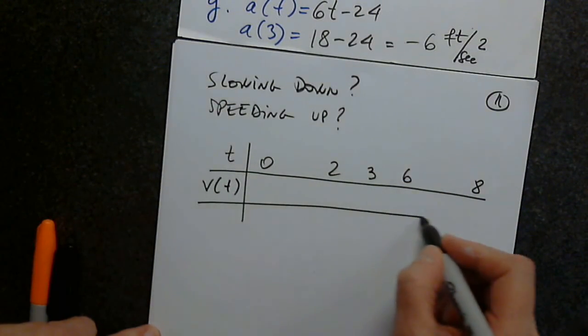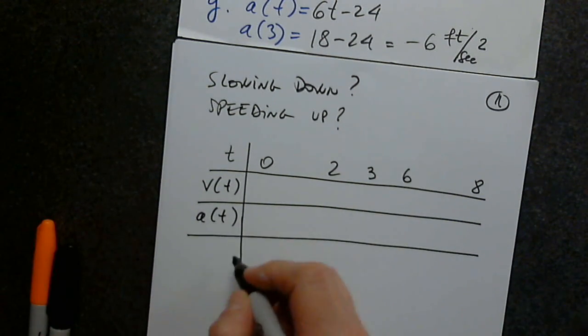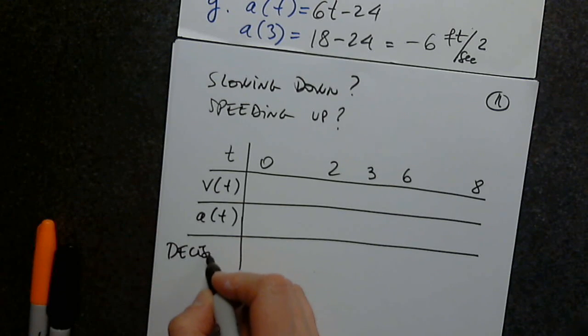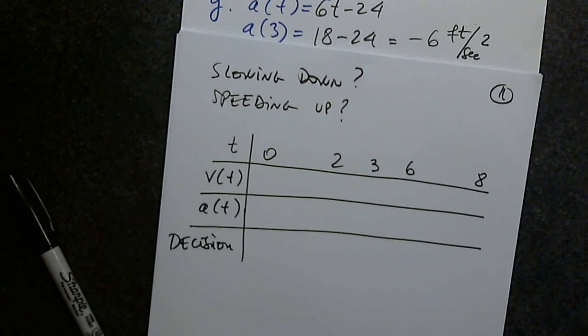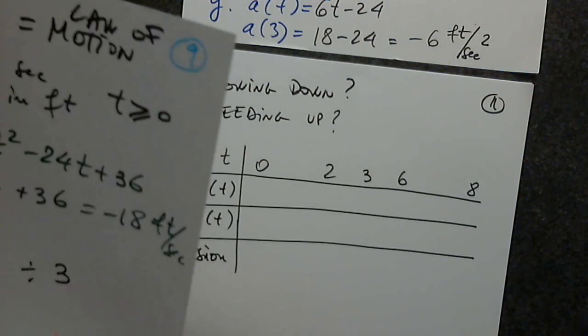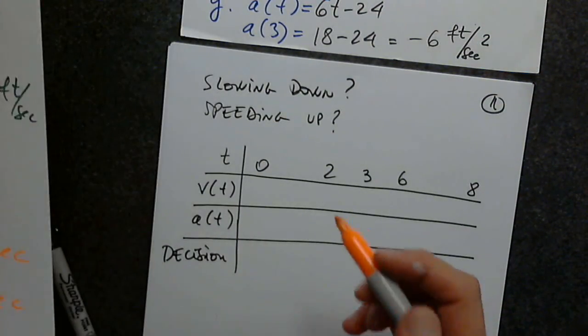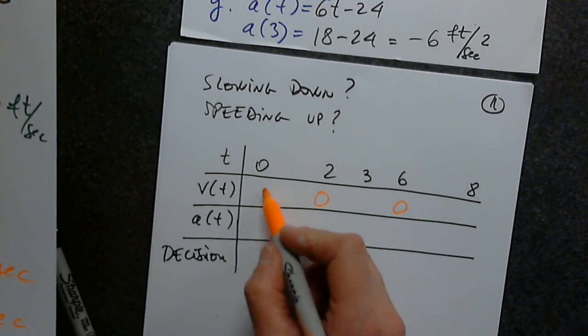V of t, A of t, decision. The velocity is 0 here and here.